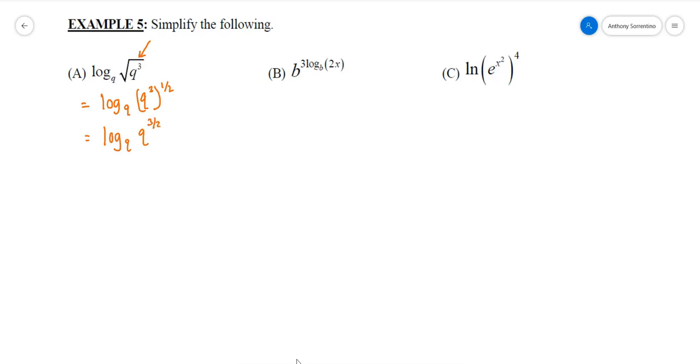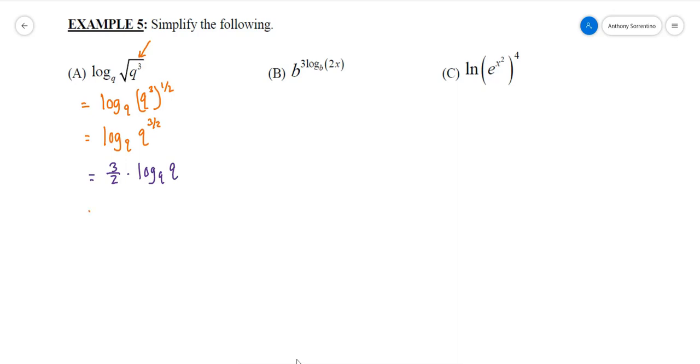Now, as we've done in example 1, having a log base q right next to an exponential base q with nothing between the two would cancel them out, but just for the sake of argument, let's take this one extra step even though we don't really have to. I can rewrite this as 3/2 times the log base q of q.